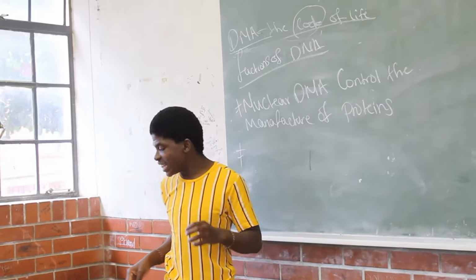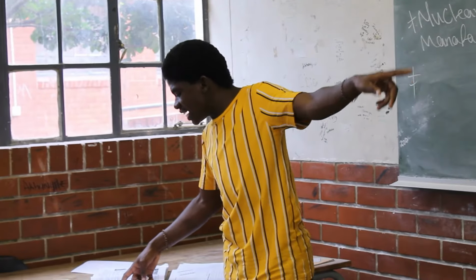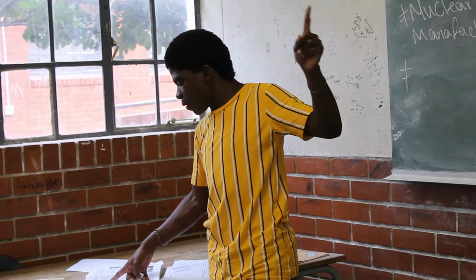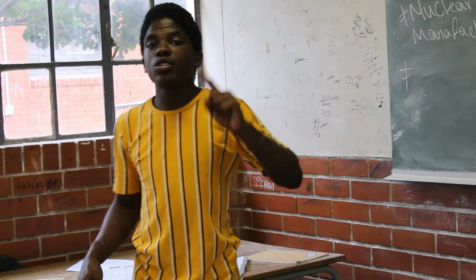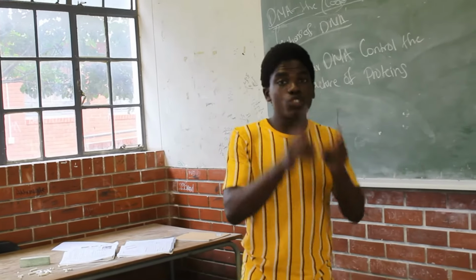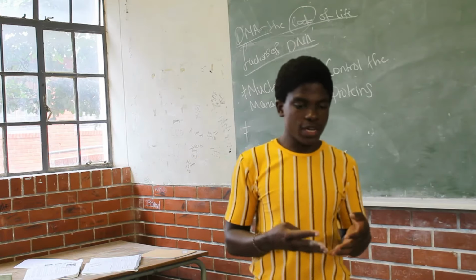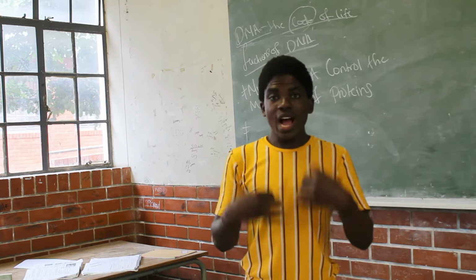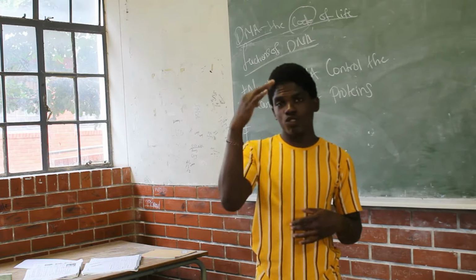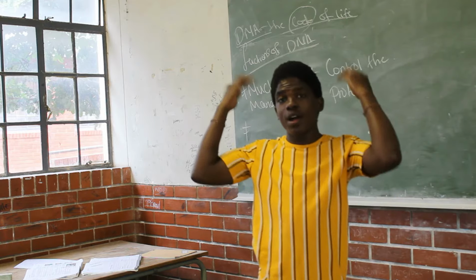And then the second function of DNA, what does it do? Nuclear DNA also transmits hereditary characteristics from parents to offspring. We are what we are because of our parents, right? So I am short because I inherited the gene for being short from my parents.